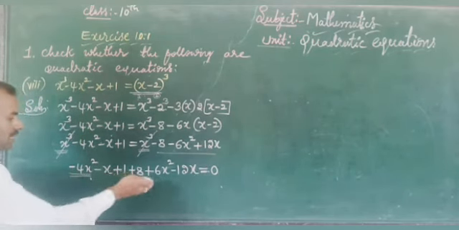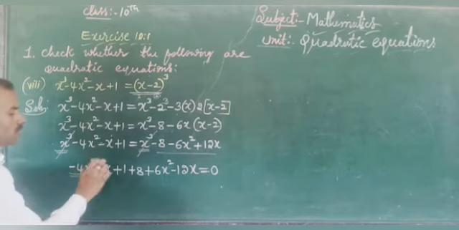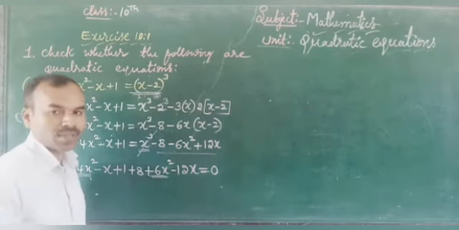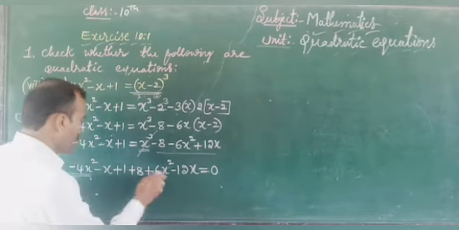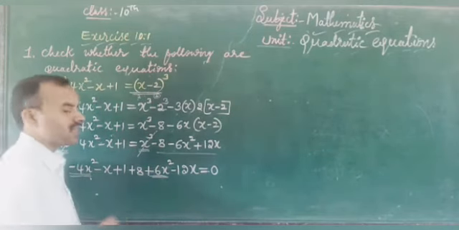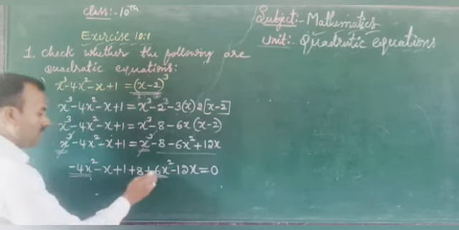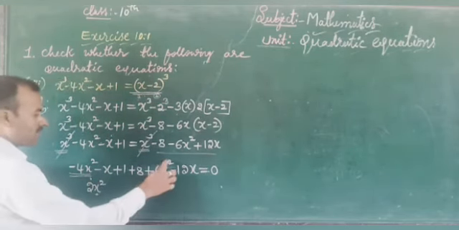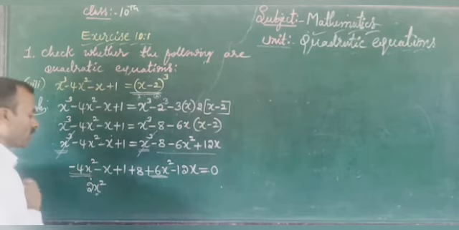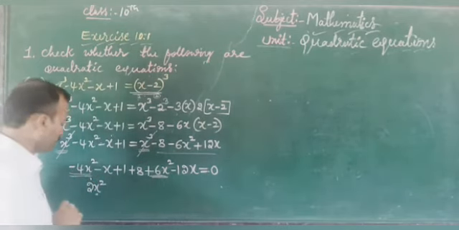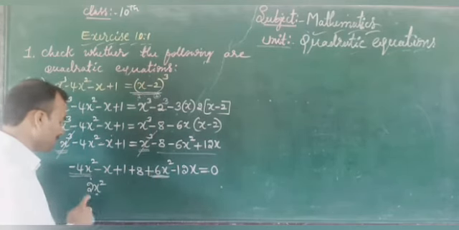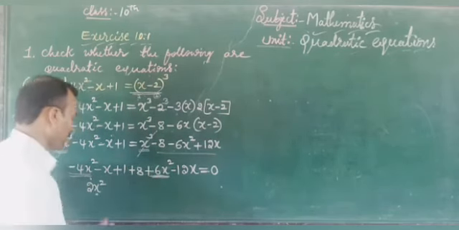Now simplify this step, minus 4x square and plus 6x square. Subtract these two, the bigger term's sign, so it is plus 2x square. After the subtraction, the difference is 2x square.